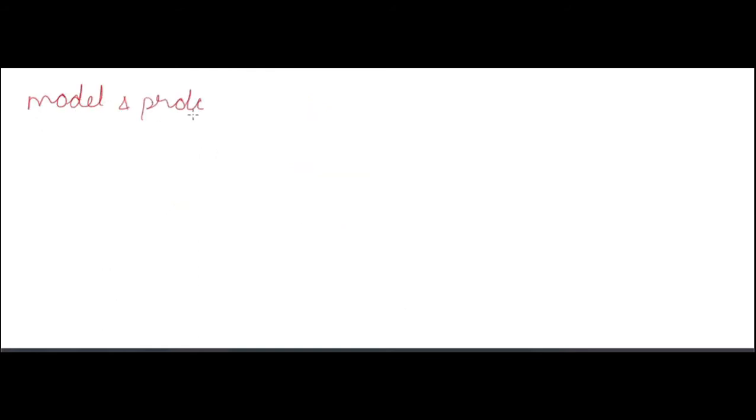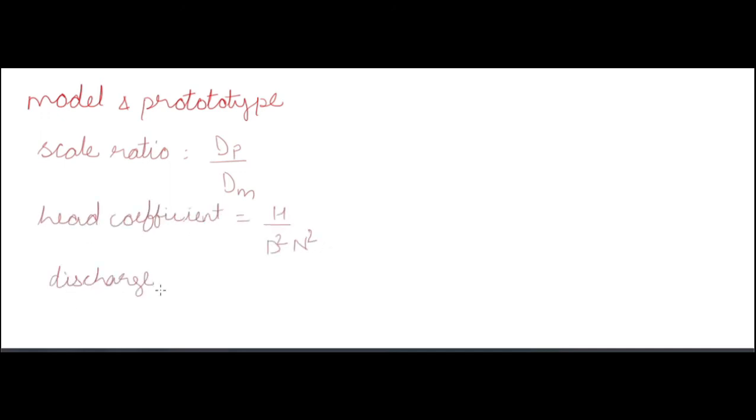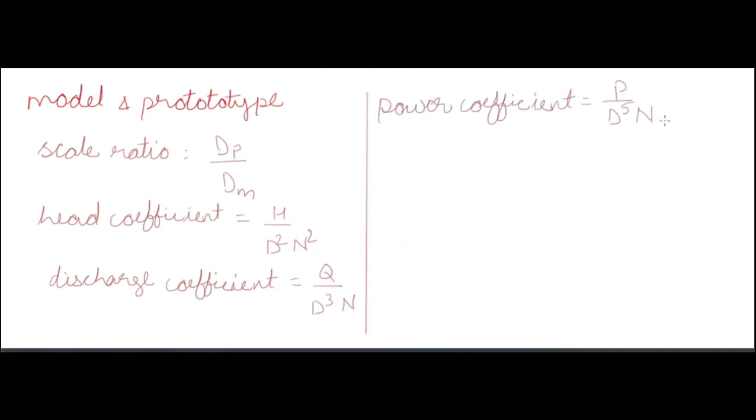Now, model and prototype. You have made a prototype and you want to check it, so you will make a model of it and check the model on various parameters.